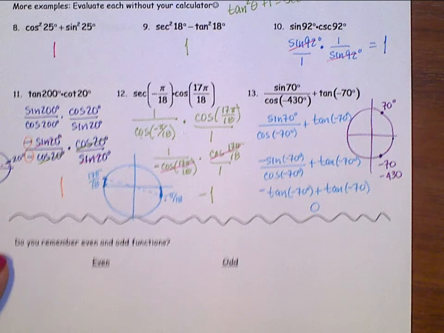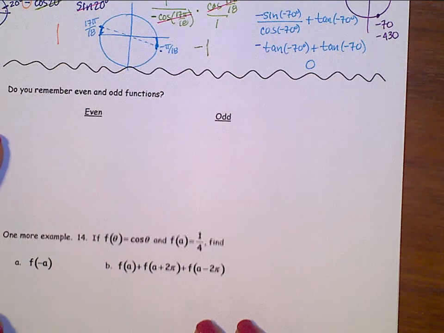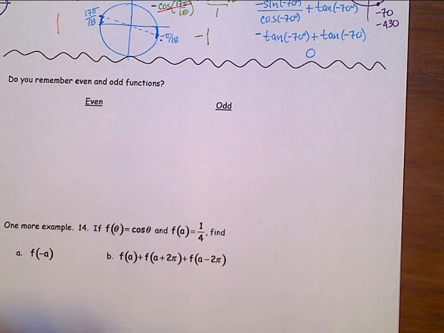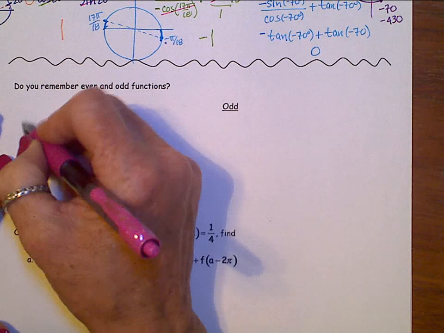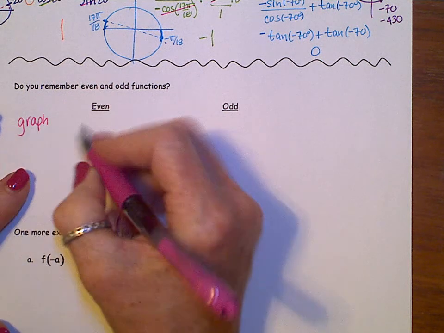All right, one more little thing that we need to talk about today, actually two more things. These are kind of disjoint things, but they all kind of come into play a little bit later on. Do you remember about even and odd functions? We said an even function happens when the graph is symmetric about the y-axis.